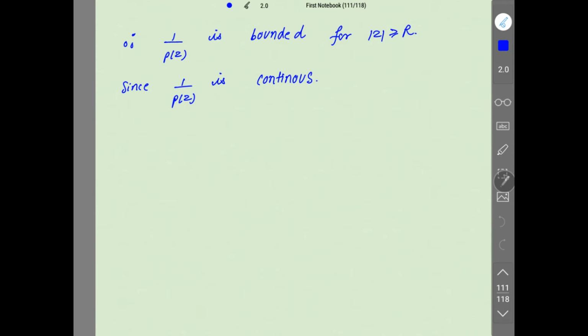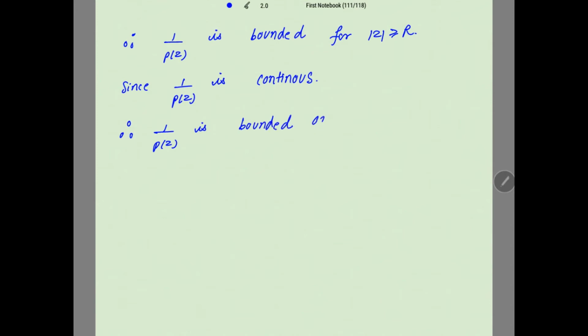So let's write that. Since it is continuous, and we know that every continuous function on the compact set is bounded, so 1 over p(z) is bounded on the compact set. What is that compact set?